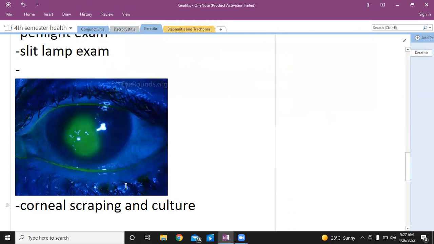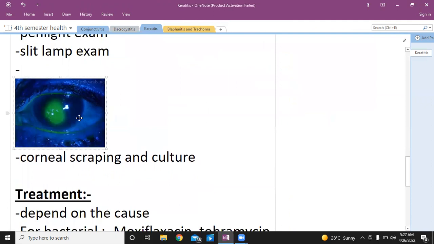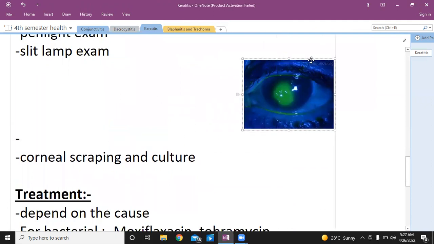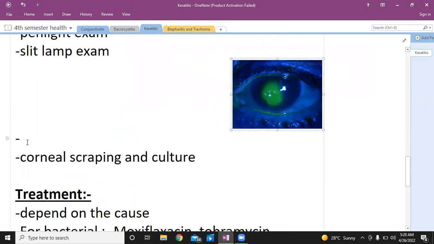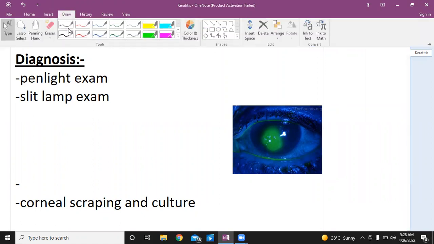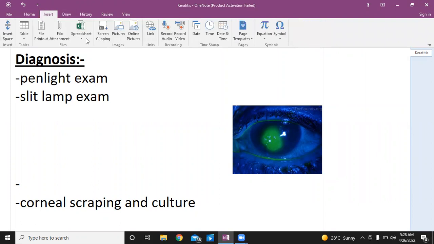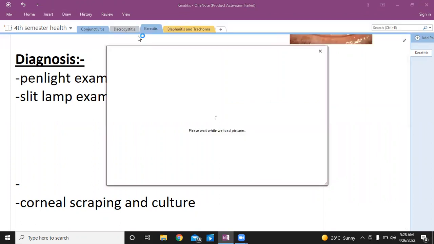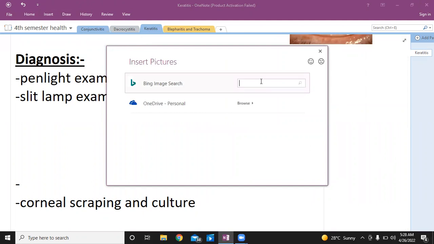But since this stain is not sticky to the cornea, it does not produce this effect. Rather, it washes off with water. But once this stain appears green, it means that your corneal lining has been disturbed. Let me show you another diagram. A diagram is always very helpful. Let me show you the corneal lining.